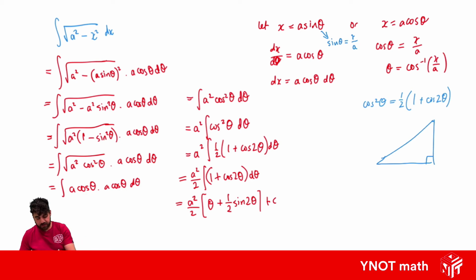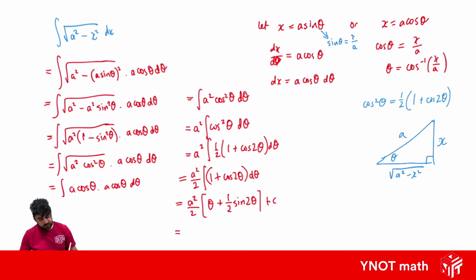So if we call this angle theta, our opposite side is x, and our hypotenuse is a, which would help us get our remaining side, which would be the square root of a squared minus x squared. And this is going to help us out in a second.